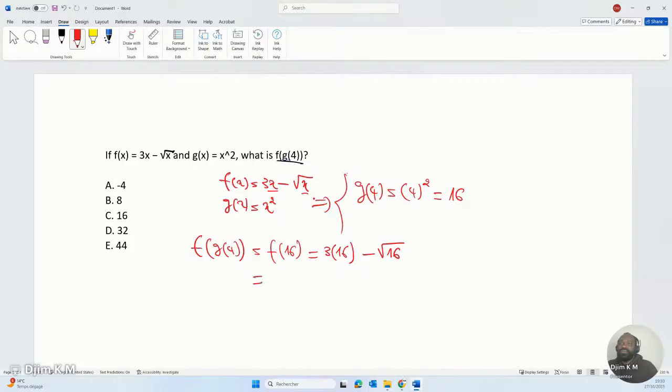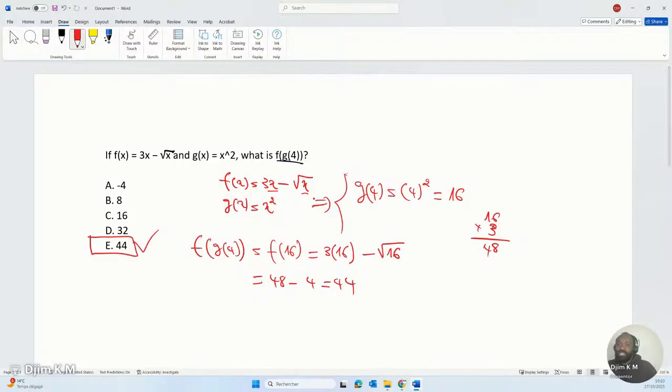This will be equal to 16 times 3, 48. So 48 minus 4, which is 44. So the answer is this.